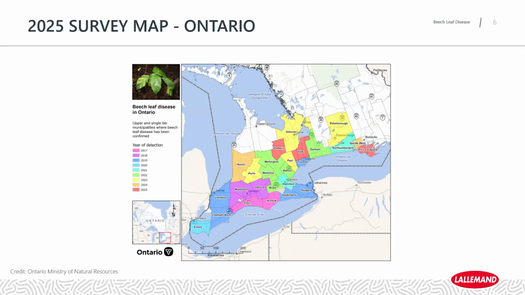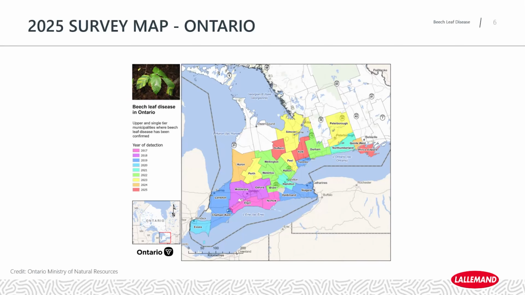This map shows the upper and single-tier municipalities where beech leaf disease has been confirmed and what year the detection was, from 2017 to 2025. The surveys that resulted in this data are part of the Ontario Forest Health Surveys, where the MNR surveys for a variety of abiotic and biotic factors affecting forest health, and one of those is, of course, beech leaf disease.